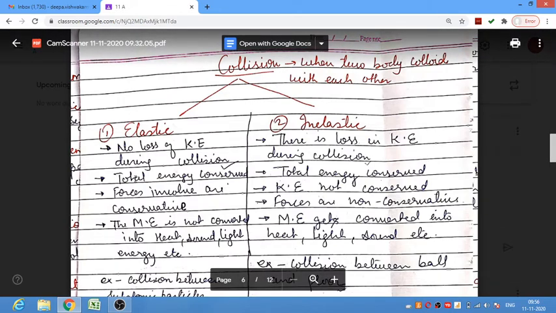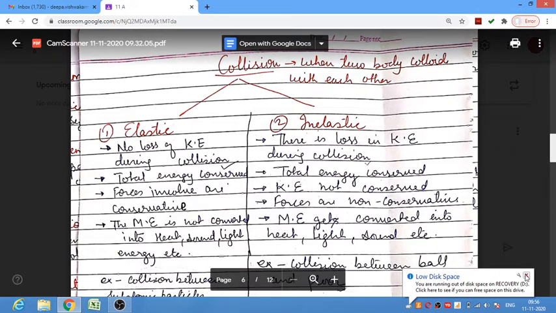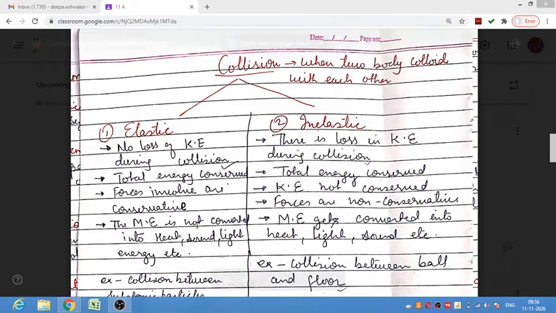In case of the elastic, total energy is conserved, and in the case of the inelastic also total energy is conserved. Forces involved are conservative and kinetic energy is not conserved. Here total energy will be conserved in both cases, but kinetic energy is not conserved, it will lose and gain, meaning there can be changes in the kinetic energy in the case of the inelastic collision.